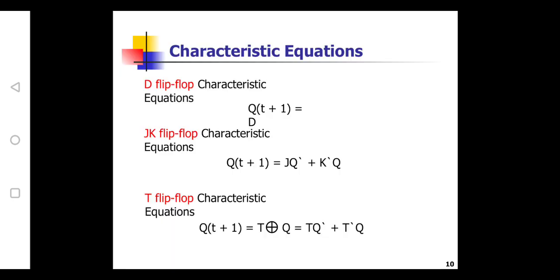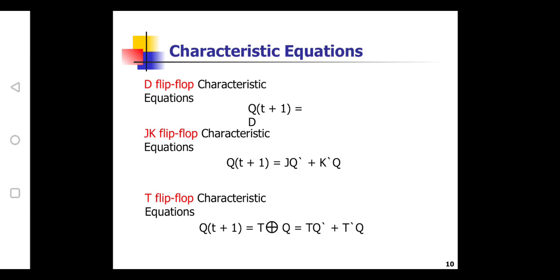And these are the characteristic equations of all the flip-flops. The characteristic equation of a D flip-flop is Q of t plus 1 or Qn plus 1 is equivalent to D. Means whatever input you give, you will get the same output, but after some instant of time. That is the reason it is called a delay flip-flop or a transparent flip-flop.